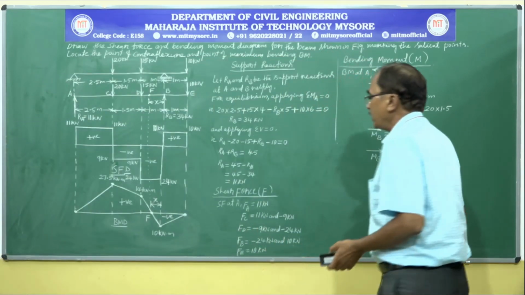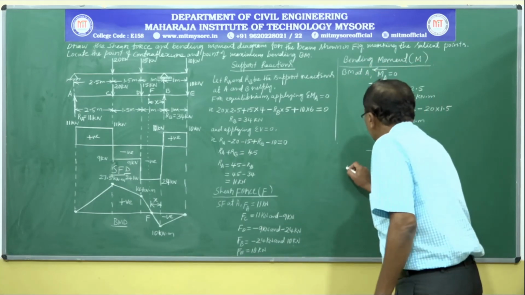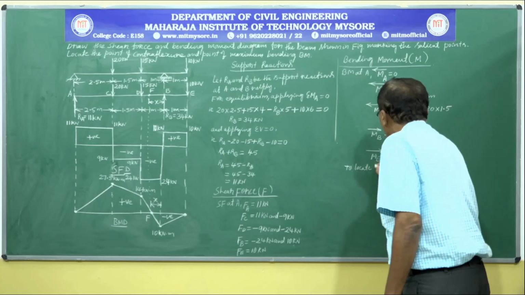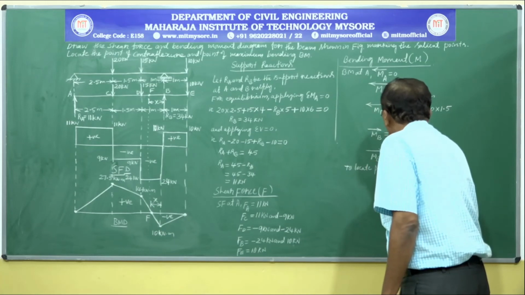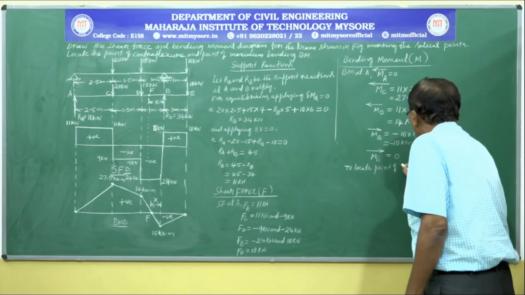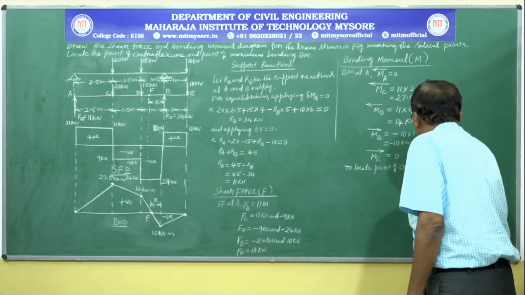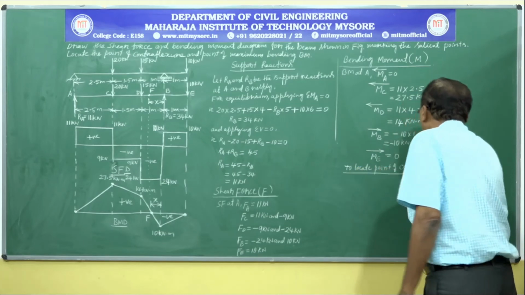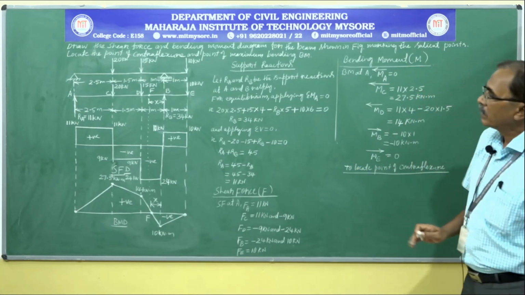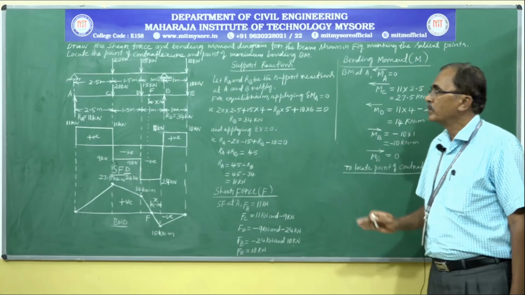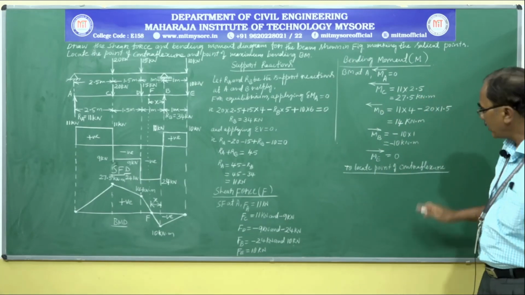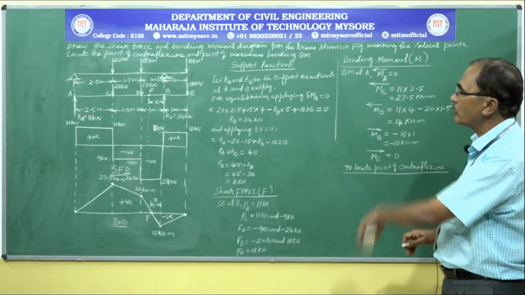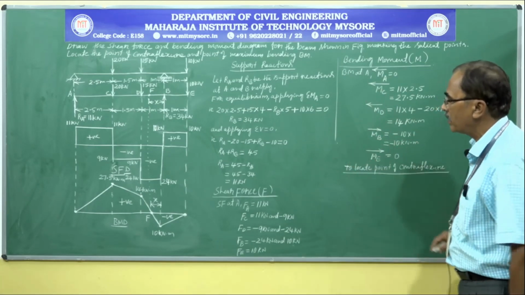Next is locating the point of contraflexure. To avoid confusion, let us take out the portion of the beam to the right side of F and paste it here, and consider that portion of the beam to calculate the x value.